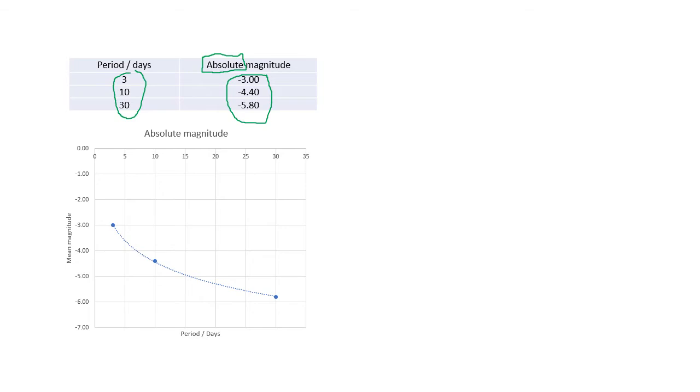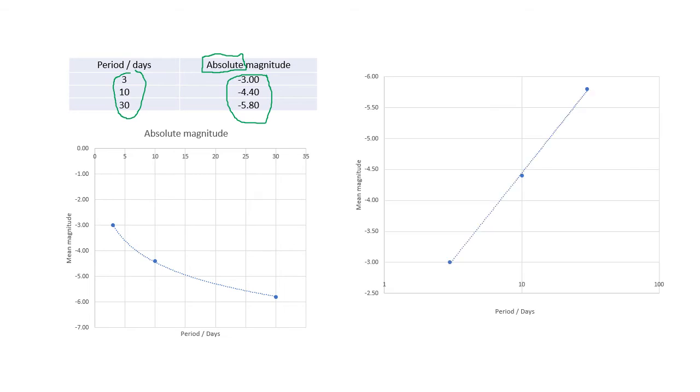And it looks like there is a relationship there, but it's only really when you plot it on a logarithmic axis, like the one over here, that you actually can see that it is truly logarithmic. Here I've got a logarithmic axis for my period. 1, 10 and 100 occupying the same amount of space is clearly logarithmic, and my magnitude scale is already logarithmic.